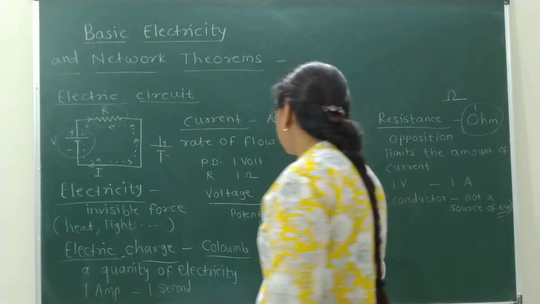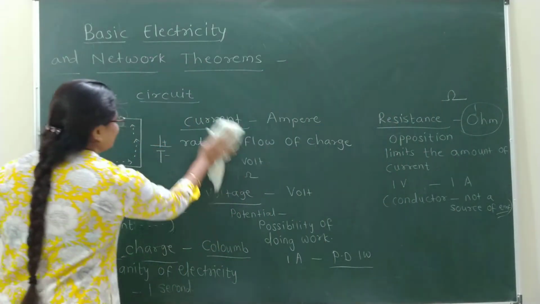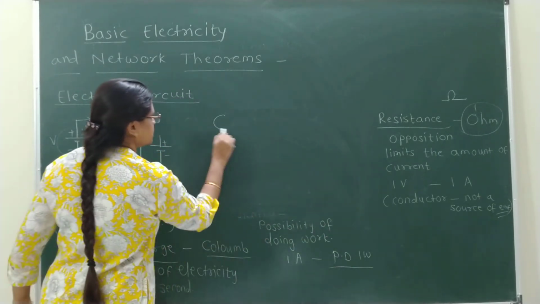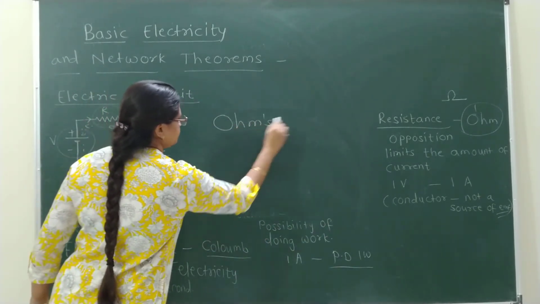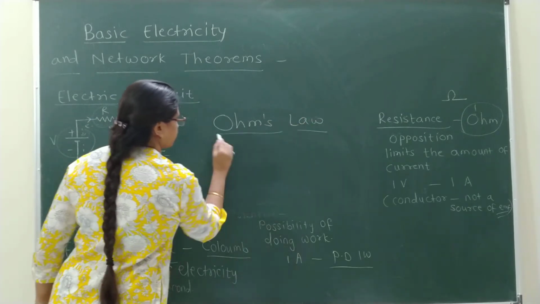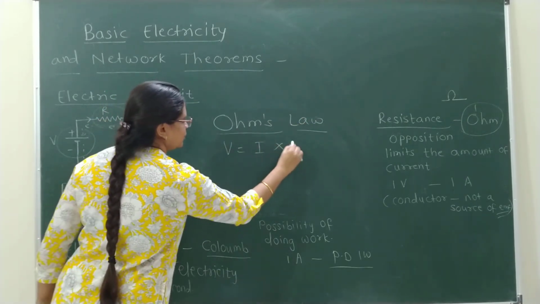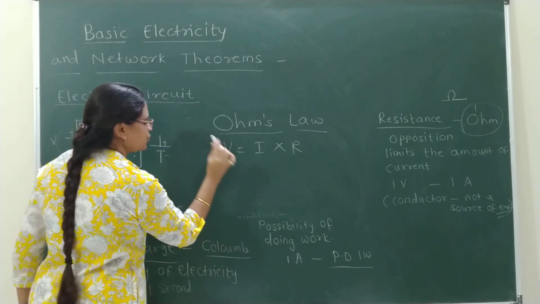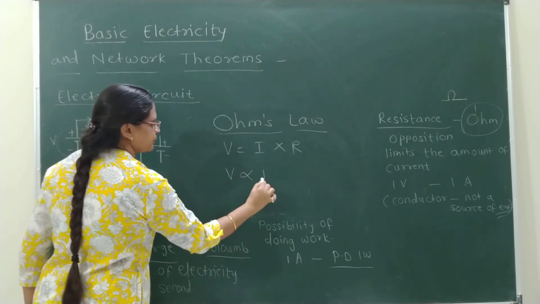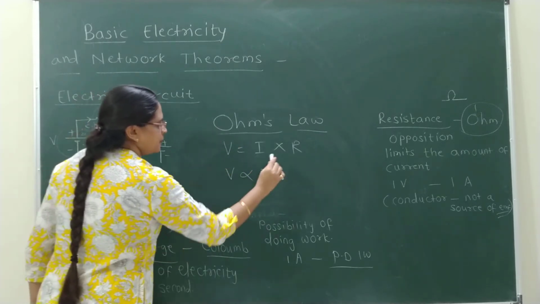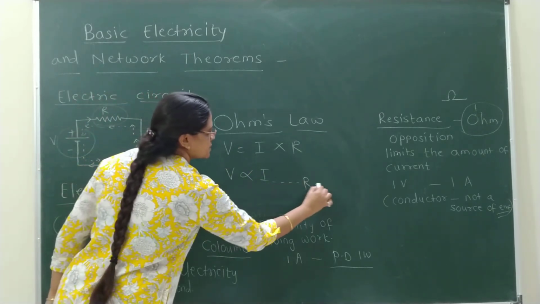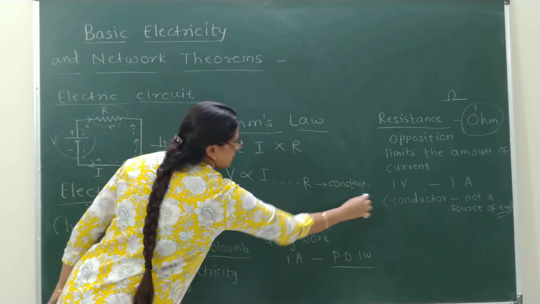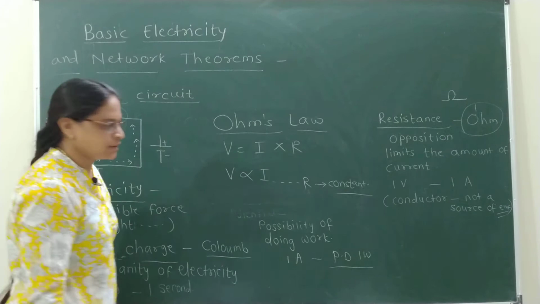Then what is Ohm's law? Ohm's law states that V is equal to I into R. We know this Ohm's law. V is equal to I into R, where the current is directly proportional to applied voltage, keeping in mind that resistance is constant and stable, there is no change in the resistance path.